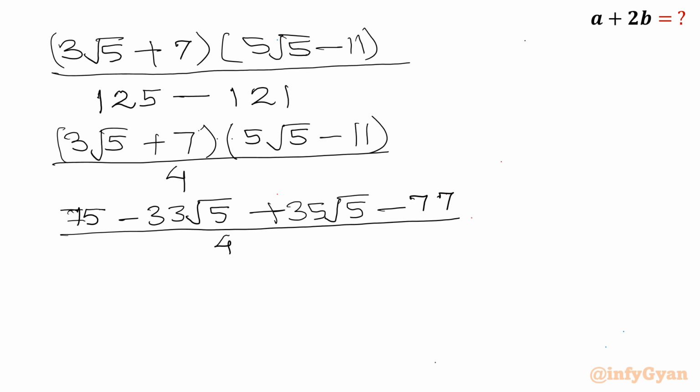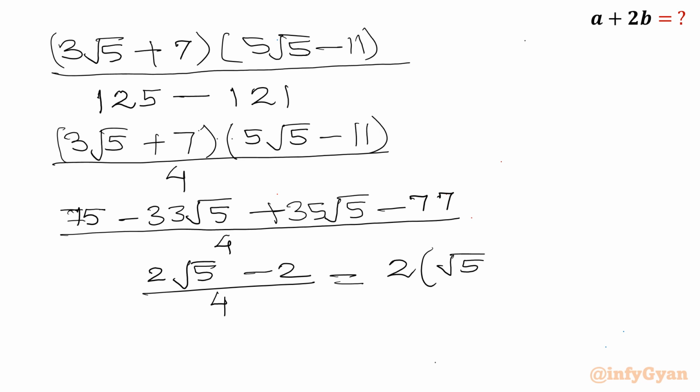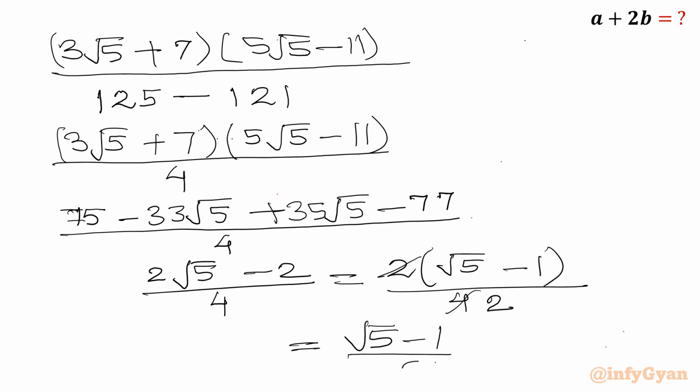So 75 minus 77 is minus 2. 35 root 5 minus 33 root 5 is 2 square root 5 over 4. 2 will be common. So I can write root 5 minus 1 over 4. Now we can cancel 2 and 4. So 2 will be in the denominator. So finally our base will be root 5 minus 1 over 2.